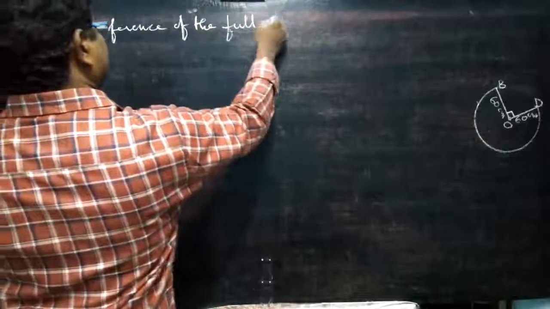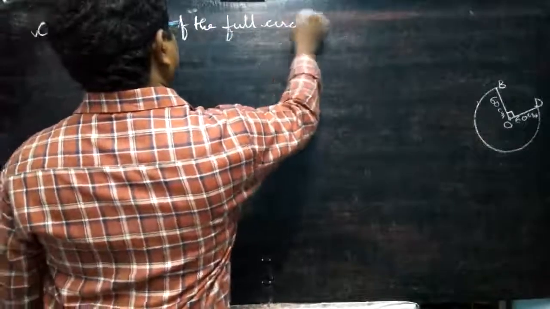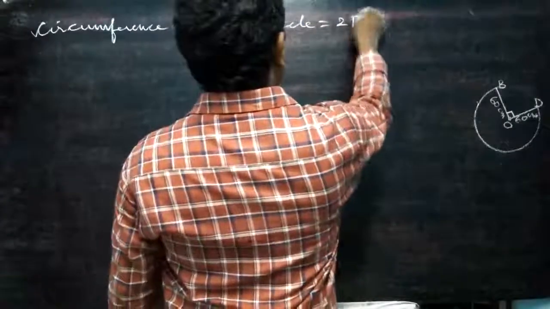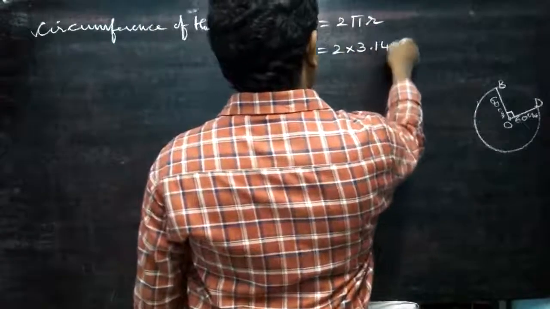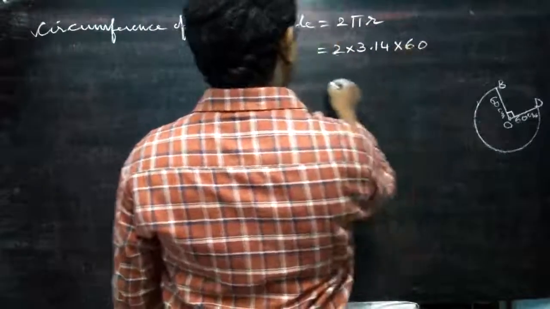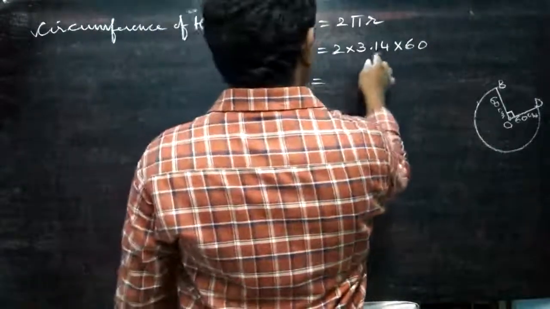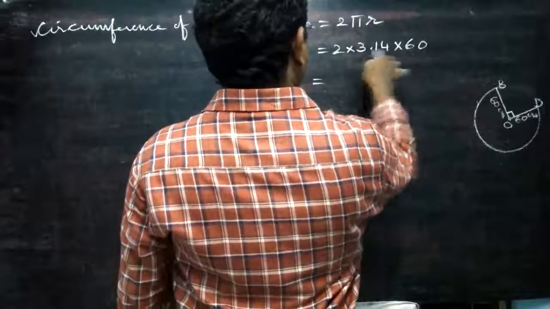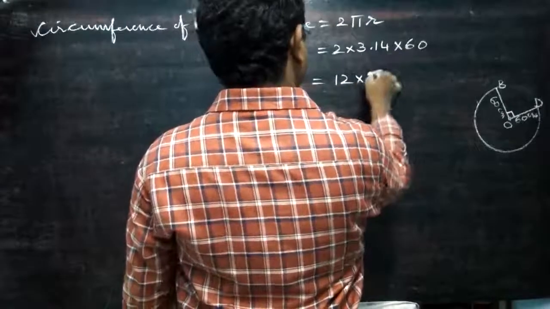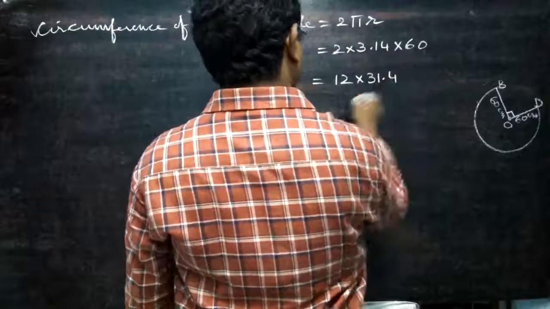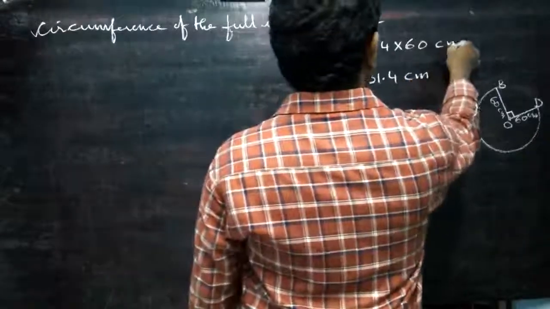The circumference of the full circle you find: 2 pi r. 2 into 3.14 into 60. That is equal to, an easy way of calculating, 2 6s are 12, into 0 is there, so 31.4 centimeters.